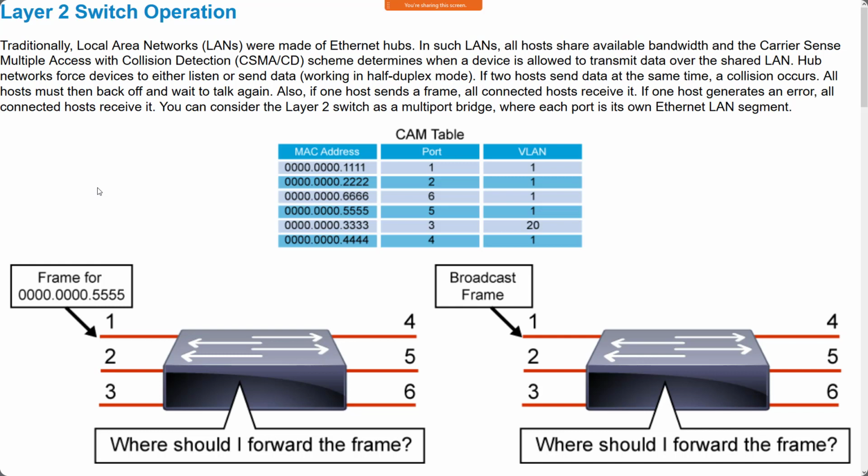But how did CSMA/CD work? Well, you had a scenario where a collision would occur. Two clients tried to transmit over essentially the same wire, logically the same wire, at the same time, and that data literally collided, all right? And what happens in that case? Well, the data gets corrupted.